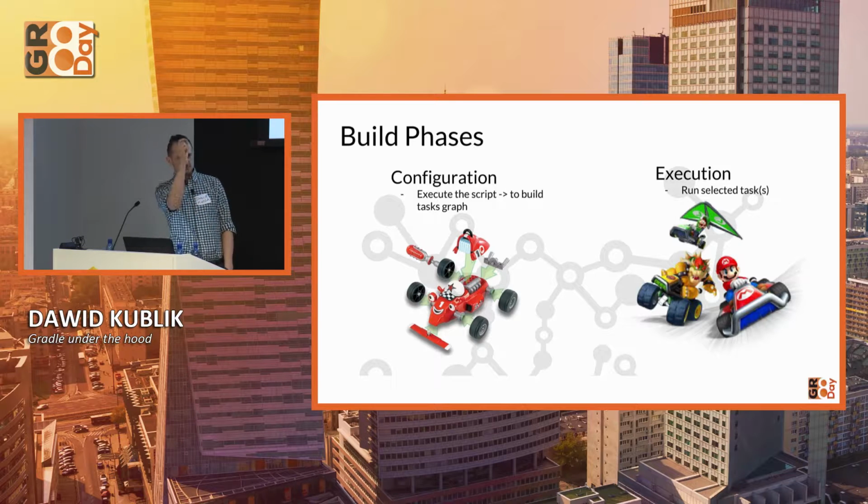So the whole script is run only in this phase, and the outcome of this phase is the task model, like a task graph, that contains all the tasks and all dependencies between them. And then when everything is built, when the whole script is read, then there is another phase. And this time, this is the execution phase. So based on the model that we built in the previous phase, we are just executing one or more tasks.